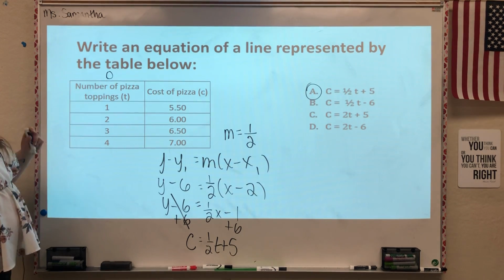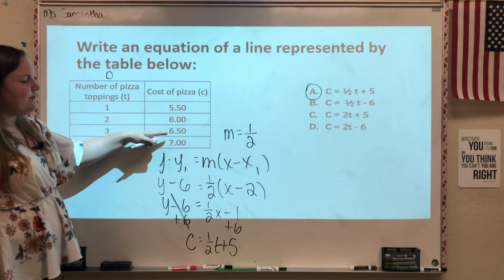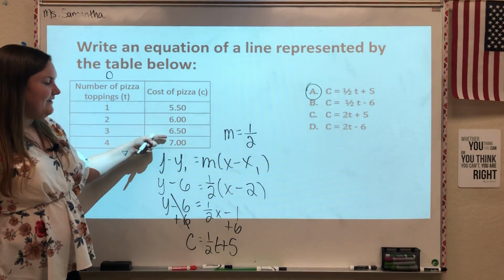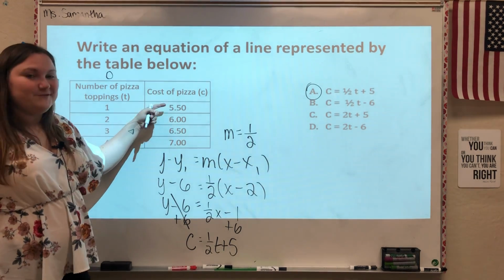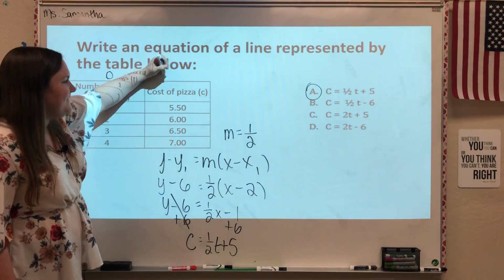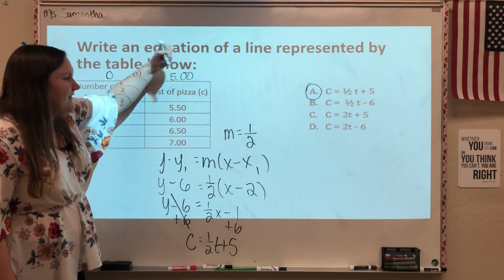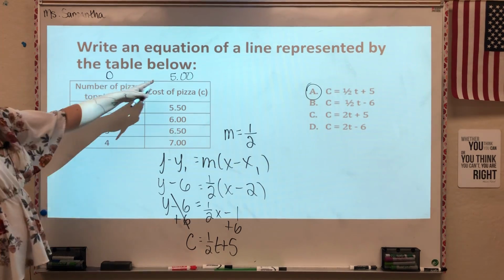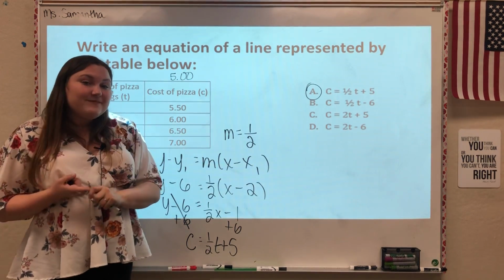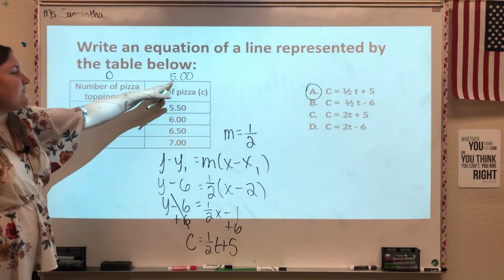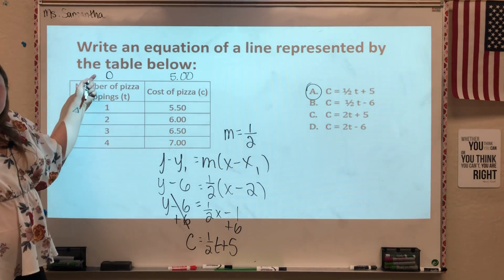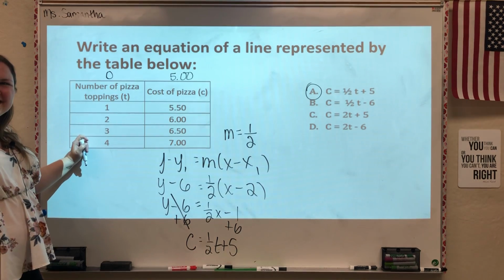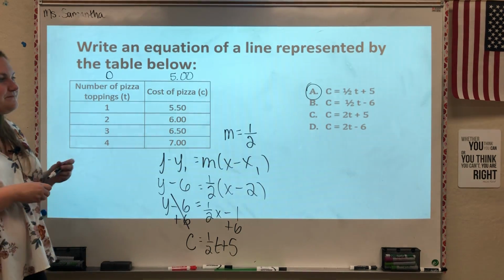And if there are 0 toppings on the pizza, go the opposite way. If we're going backwards, we're going down 50 cents. The cost of the pizza would then be $5. That 5 right there represents, you could say, the beginning cost of pizza. You could say the cost of the pizza with 0 toppings on it, the cost of the pizza before you start putting toppings on it, something like that.